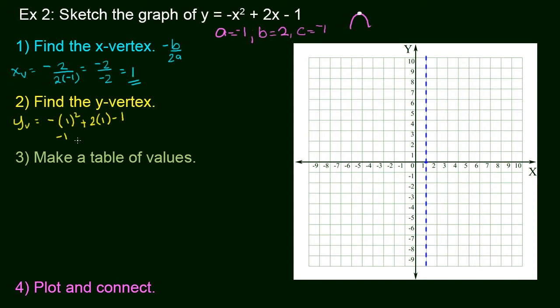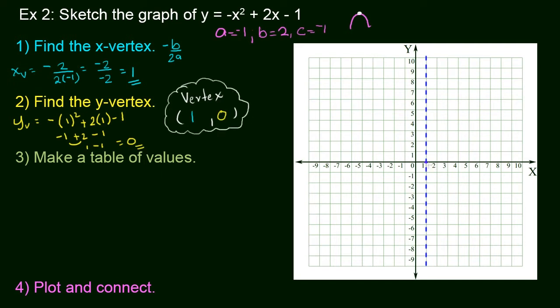Positive 2 times 1 is positive 2 minus 1. Negative 1 plus 2 is 1. 1 minus 1 is 0. So my y vertex is located at 0. This means that my vertex is located at x equals 1 and y equals 0.